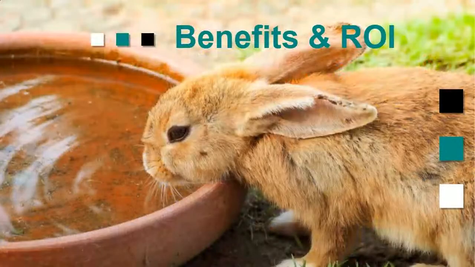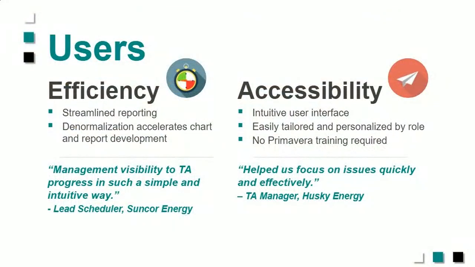So let's jump into some of the benefits that our clients have brought back to us. Okay, so efficiency, as we talked about. For the users, not having to push a bunch of reports every time you do an update and make sure you printed all of them and didn't miss any, that brings a huge amount of less stress for the scheduler.